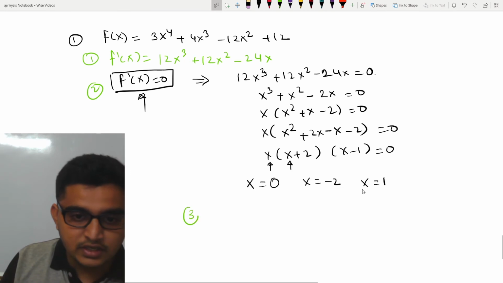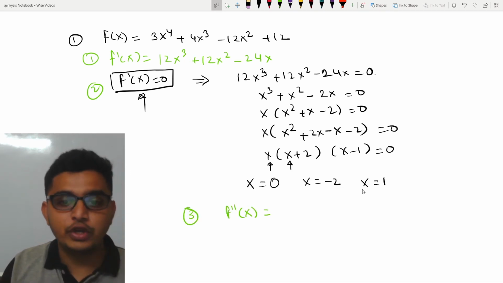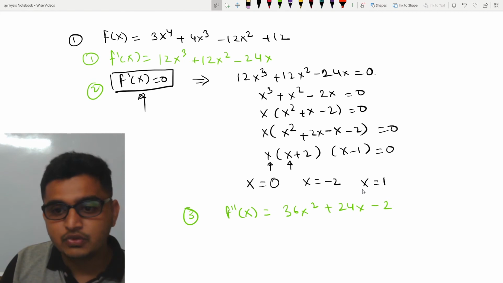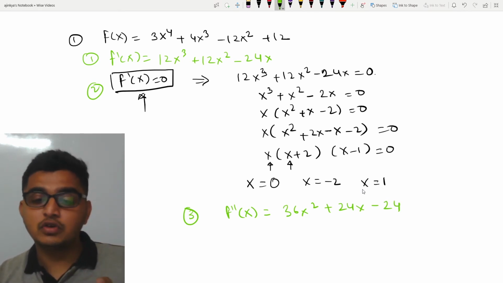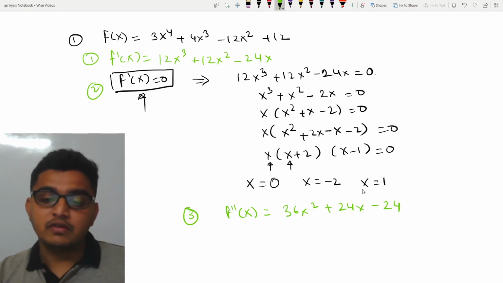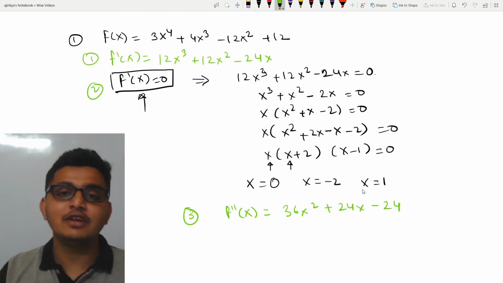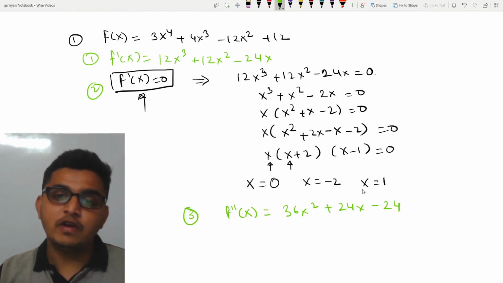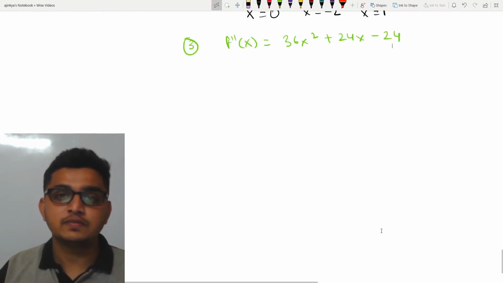So in the third step we need to find f double dash of x, which is going to be 36x square plus 24x minus 24. So now we have f double dash of x in terms of x, but we have 3 specific values, and those will directly give us the exact maxima and minima values and the turning points, and we'll just see how we can do this.